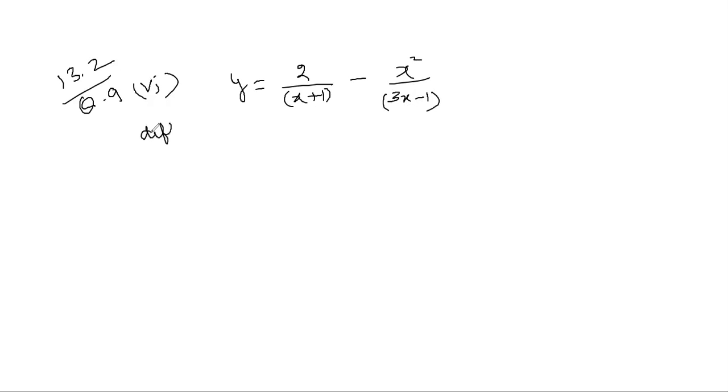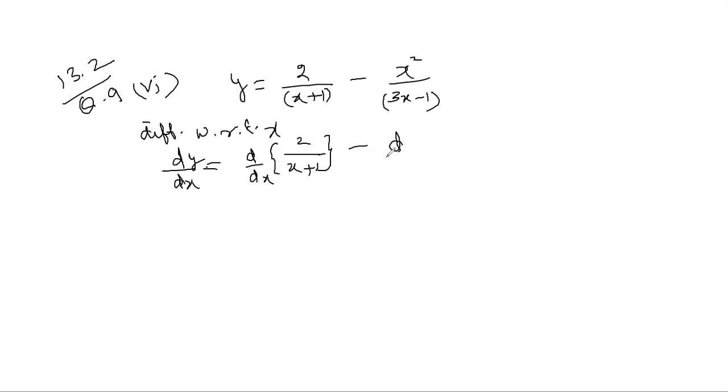Differentiate both sides with respect to x. So dy by dx is equal to d by dx of these two functions, 2 by x plus 1. D by dx will go inside first because it is minus d by dx of x square upon 3x minus 1.